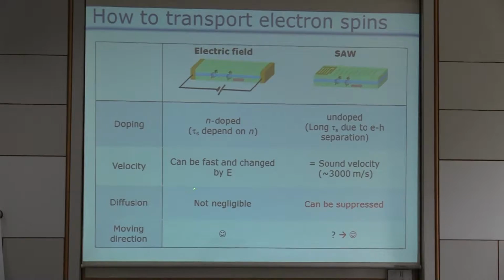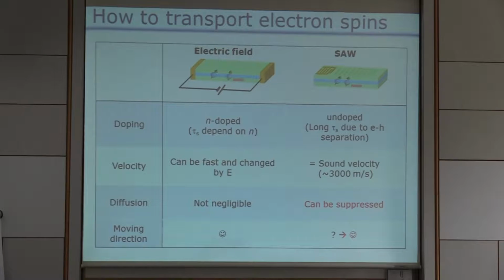And for the velocity, it can be very fast for the electric field if we use a high mobility sample, and also the velocity can be changed by changing the bias voltage. But for the acoustic wave, it is constant, and it is the same as the acoustic velocity. And as long as we are using the two-dimensional electron system, we cannot neglect the spin diffusion.